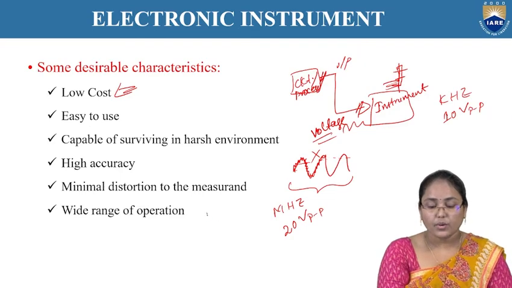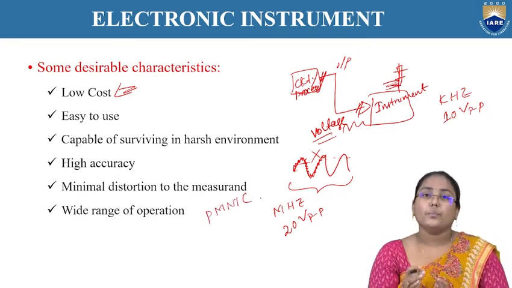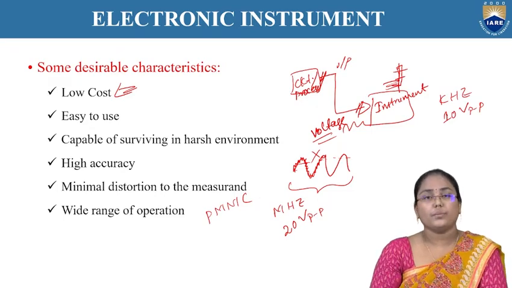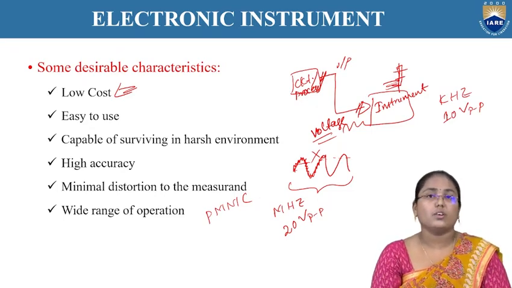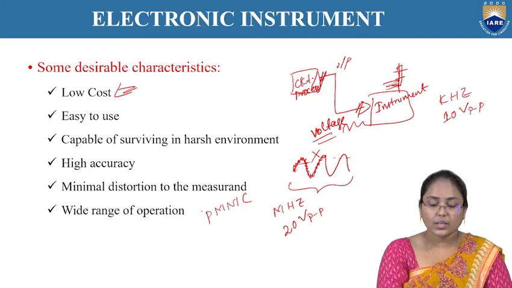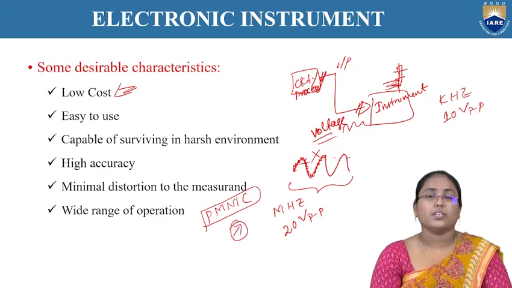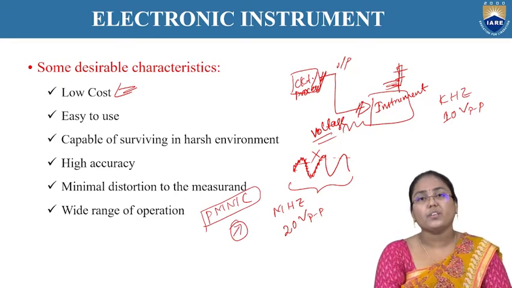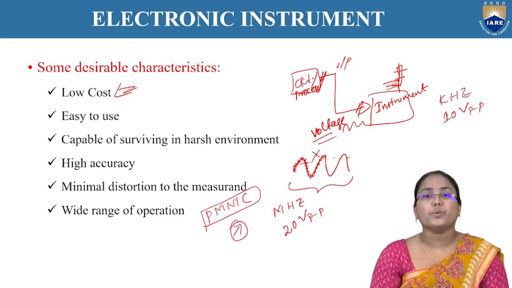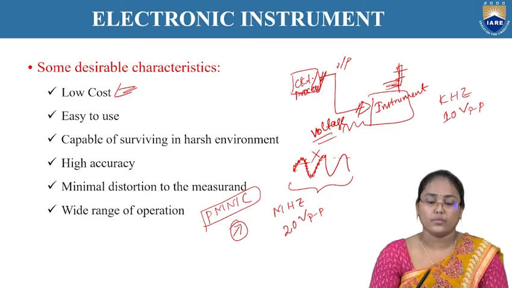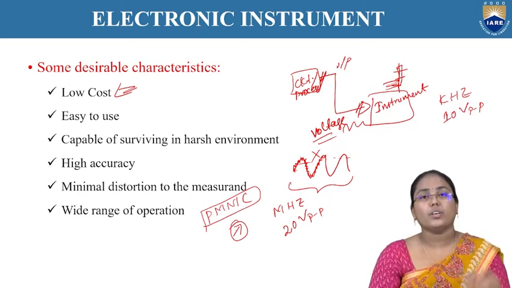And for example, look at the PMMC, which is nothing but a permanent magnet moving coil type instrument. It is also called a d'Arsonval movement, which is basically a galvanometer. This is nothing but a basic meter. By using this basic meter, we are using it for many other purposes, that is, to measure the current and the voltage, whether in AC form or DC form.